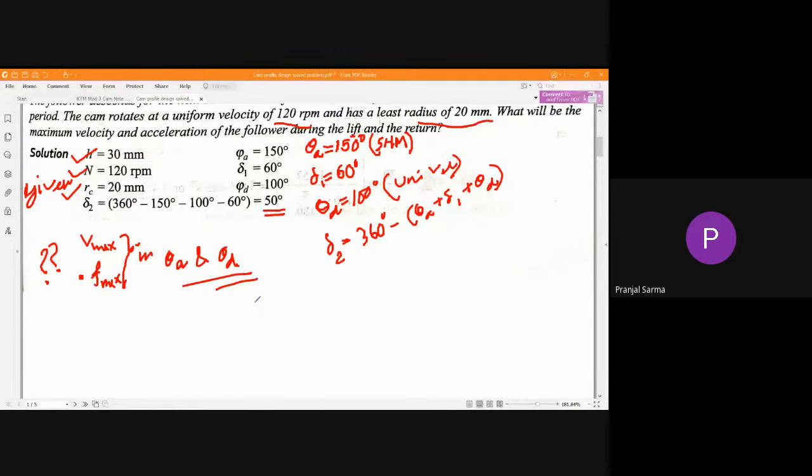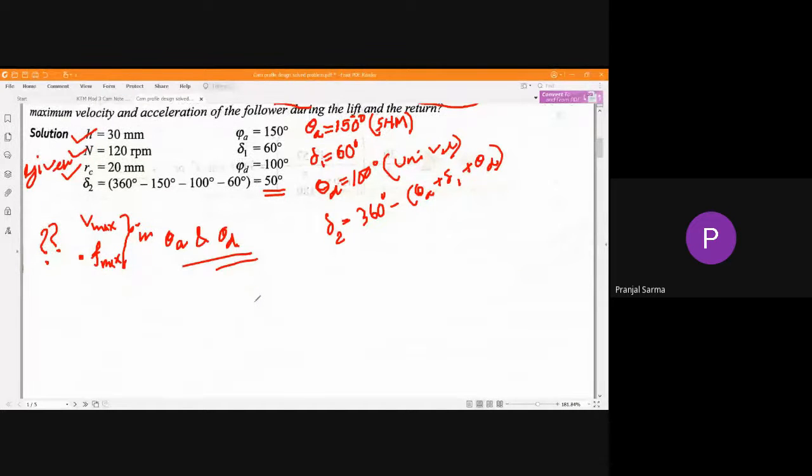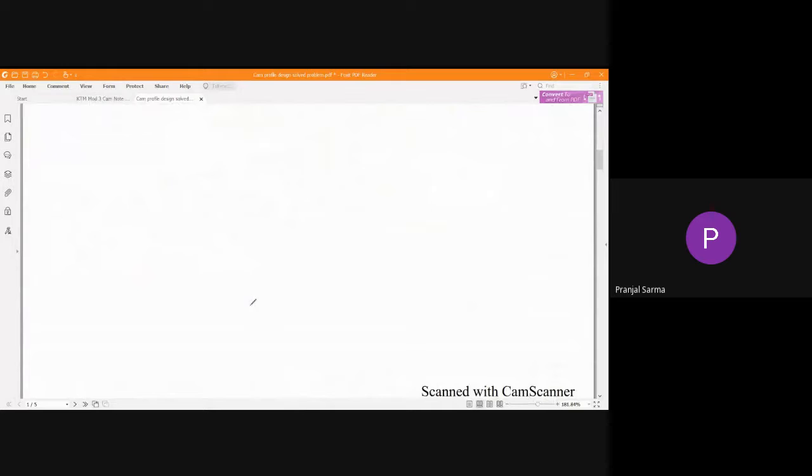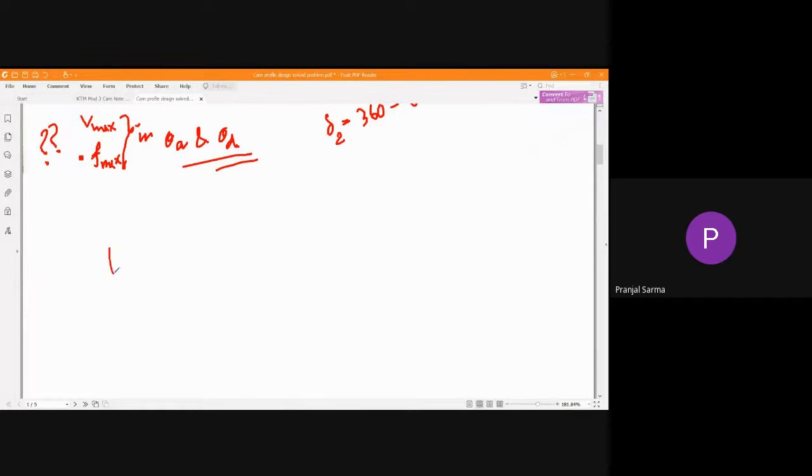Now here comes the main part. We'll have two basic steps. First, you have to draw the displacement diagram.